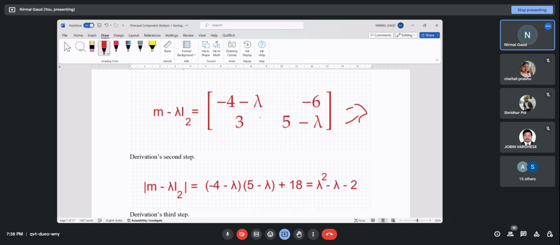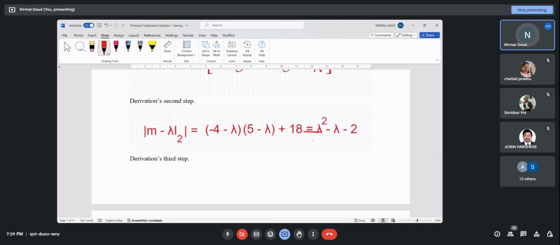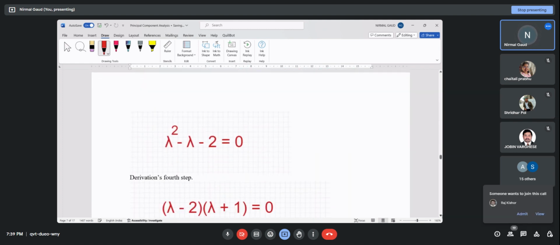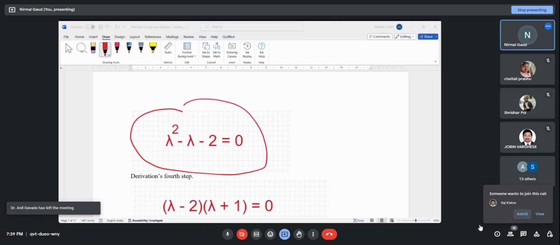Then calculate its determinant, put it equal to 0, and you get the values of lambda. They are called eigenvalues. This is your quadratic equation, and when you solve it, you get the eigenvalues.